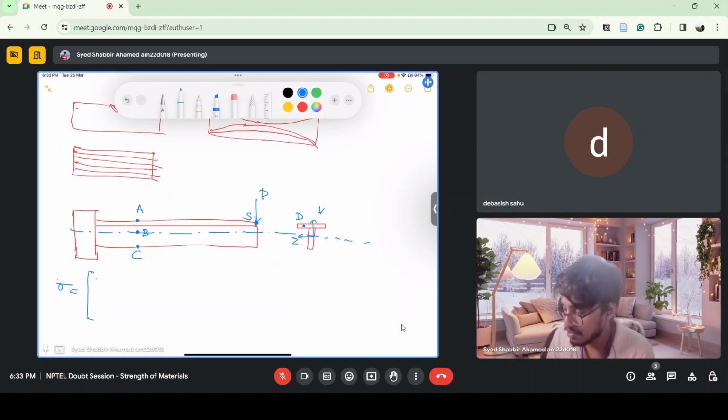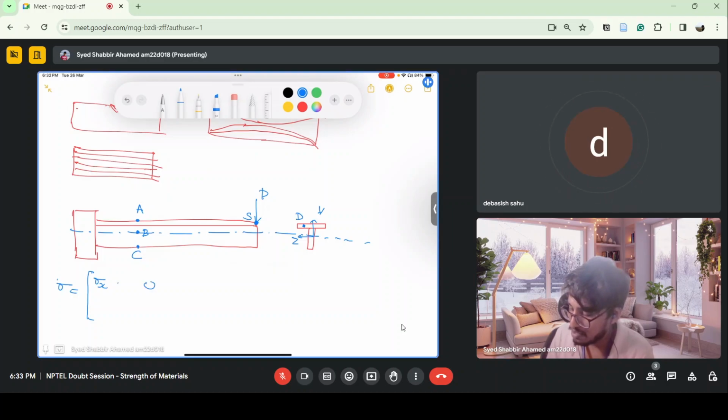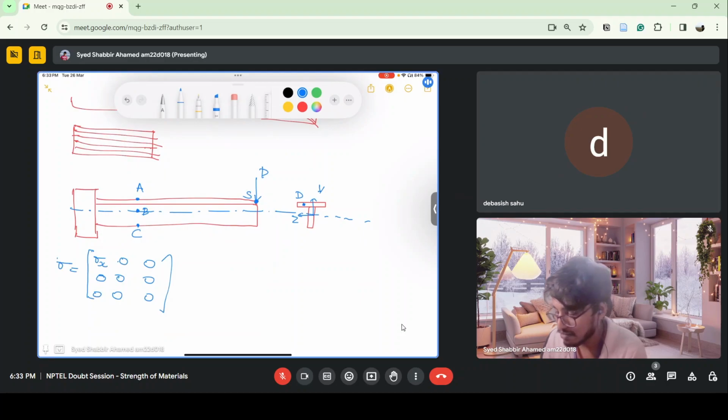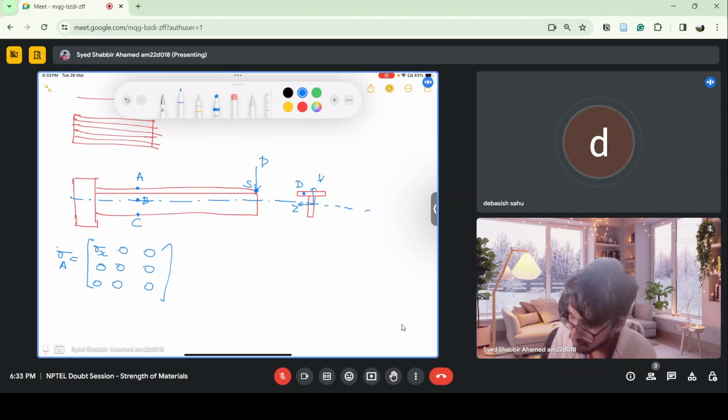This is sigma x. Only axial stress is present and everything else is zero. As you said, this is tensile at the top.